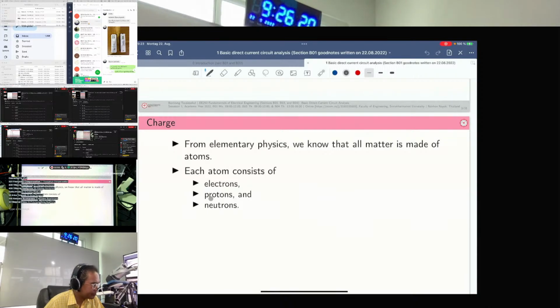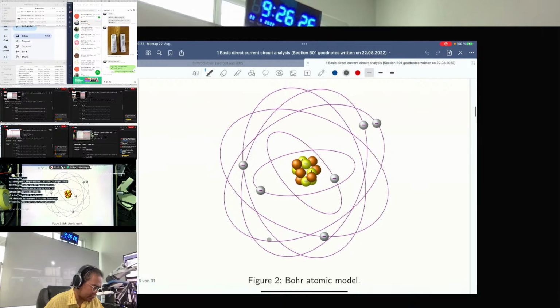Okay, let's have a look at the Bohr atomic model. Here we have the nucleus, and here we have electrons. For example, this atom has 1, 2, 3, 4, 5, 6, right?